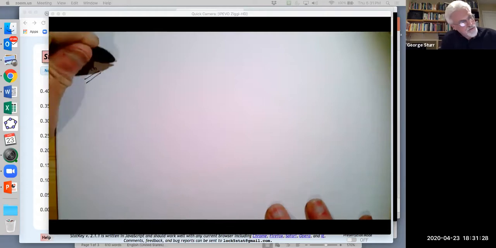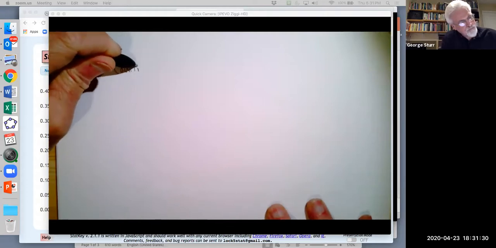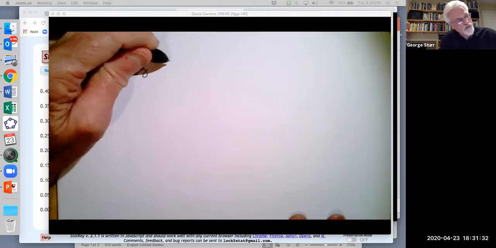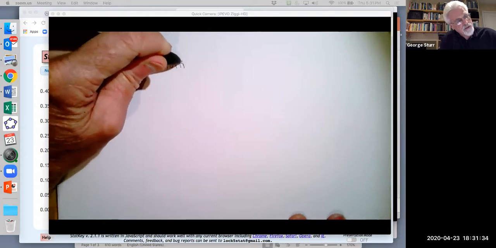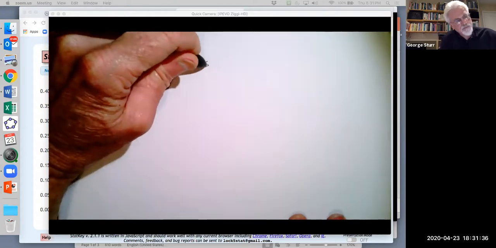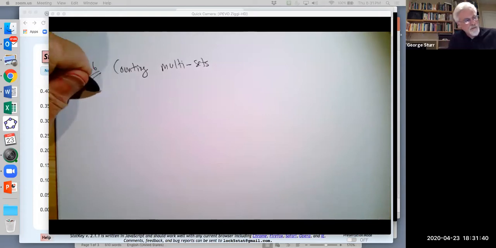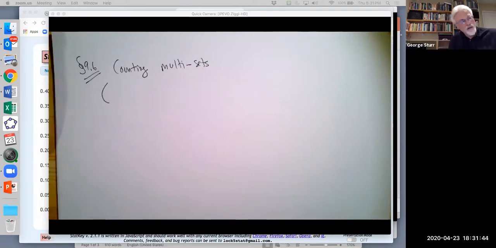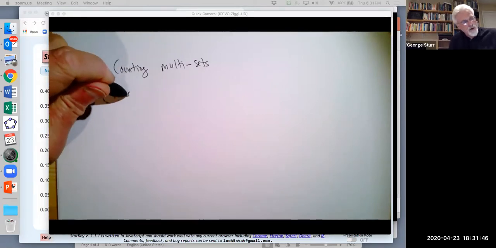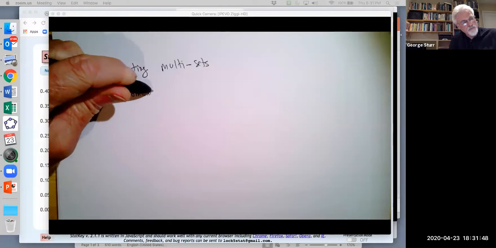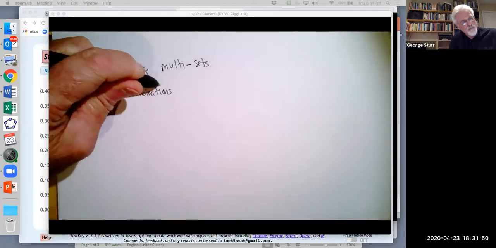And you're going to be counting what are known as multisets. And another way to say it is you're going to be dealing with R combinations.